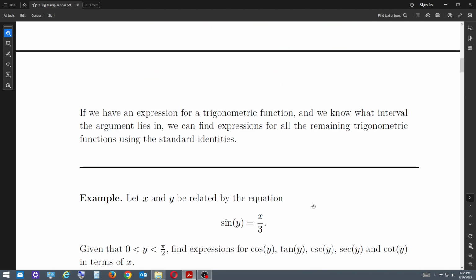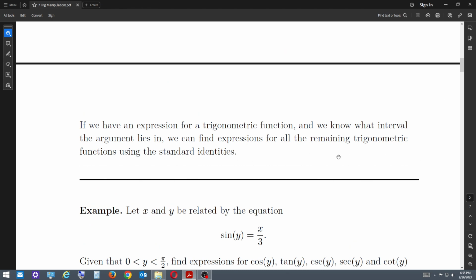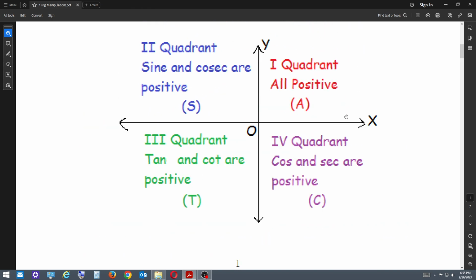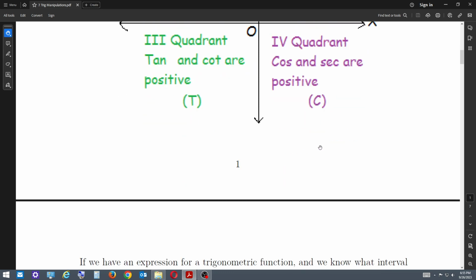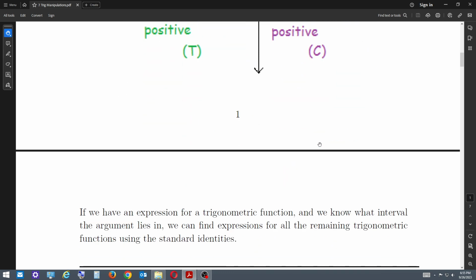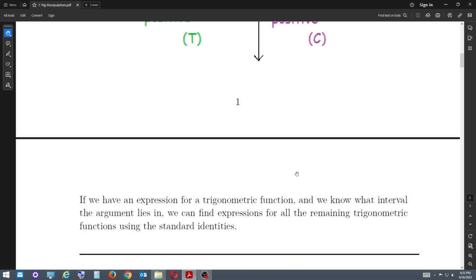All right. So if we have an expression for some trig function and we know which quadrant the angle lies in, meaning what interval the argument is in, then we can find expressions for the remaining functions using standard identities.